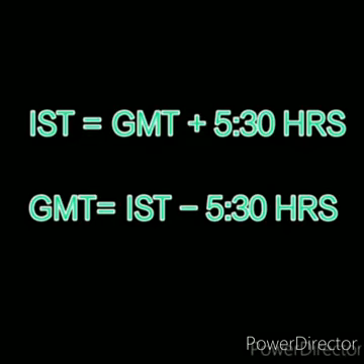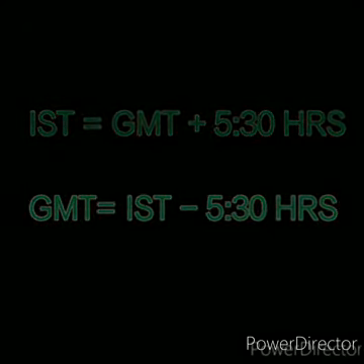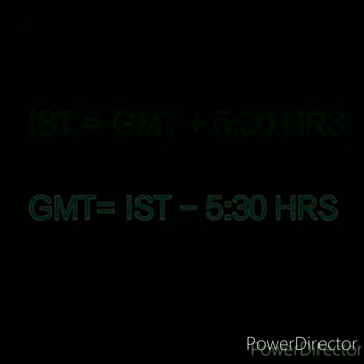So 82 degree and 30 minutes divided by 15 equals 5.5 hours, which means as India is east of Greenwich, Indian Standard Time is plus 5.5 hours to Greenwich.